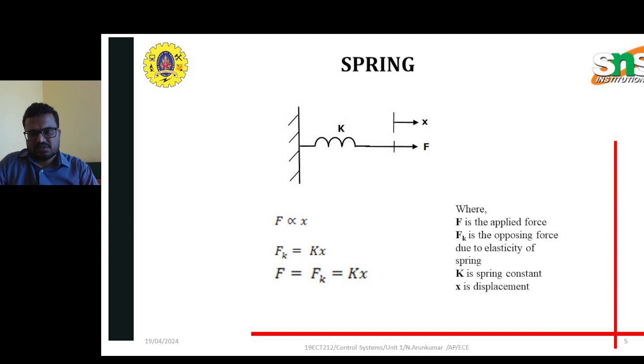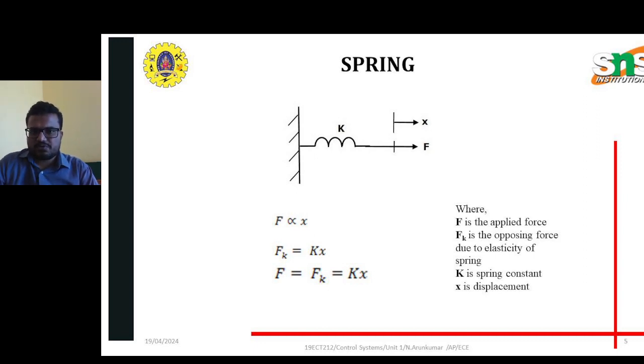And spring. If you apply force to your spring, the movement may change based on vibration and acceleration. So the calculation follows that force is directly proportional to x. Here F is the applied force and Fk is the opposing force due to the elasticity of the spring. K is the spring constant, x is the displacement.